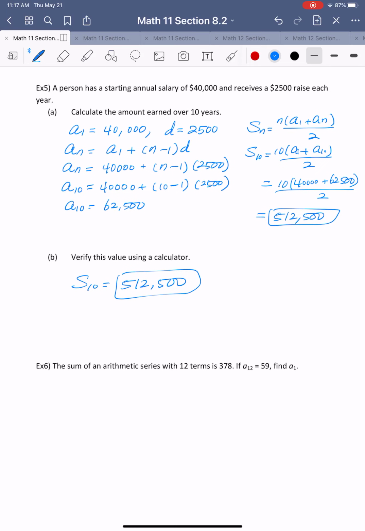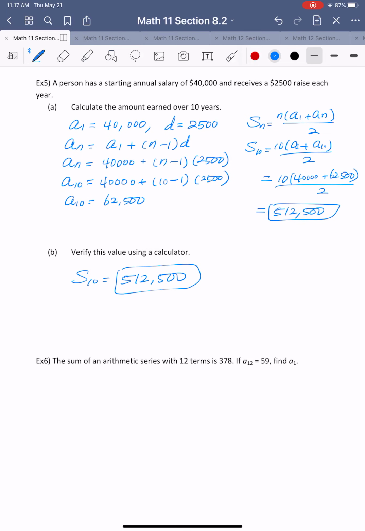All right, number 6. The sum of an arithmetic series of 12 terms is 378, and a sub 12 is 59. Find a sub 1. So we're using the sum formula, right? n times a1 plus an, over 2. We know S sub 12 is 378, so 12 times a1 plus a12, over 2.